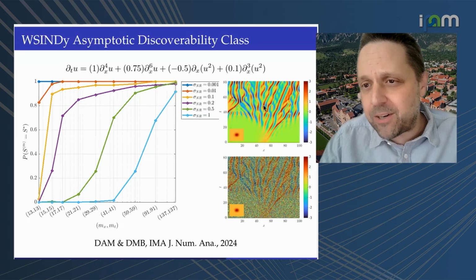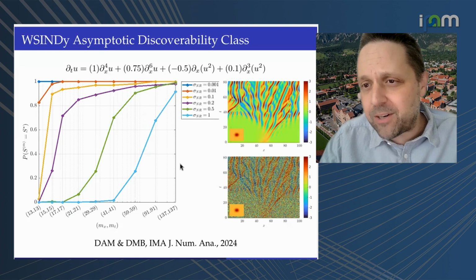This is the solution numerically, and this is what the test functions look like, the contour, just a little radius. Over here, along the horizontal axis is more and more data, and along the vertical axis is the probability of correct recovery of the equation. As you can see, as the noise goes up and up, we're still below that threshold, and we're still able to converge, with probability one, to the correct model.